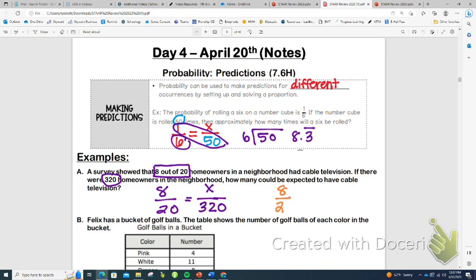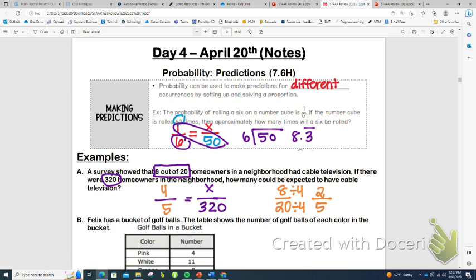If I simplify 8 over 20, I can divide both of those numbers by 4. 8 divided by 4 is 2, and 20 divided by 4 is 5. So now I can replace 8 over 20 with 2 over 5 and be working with smaller numbers.